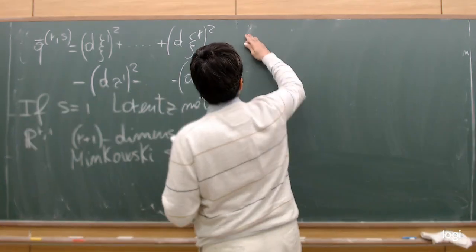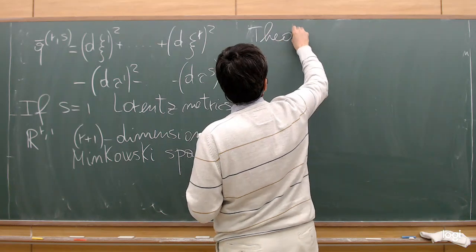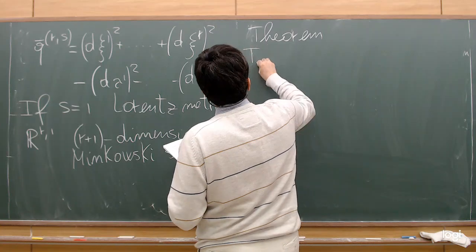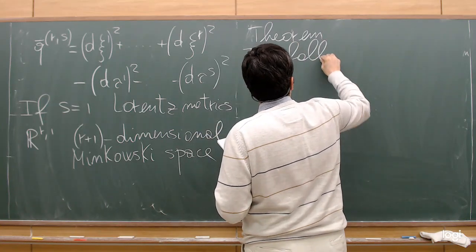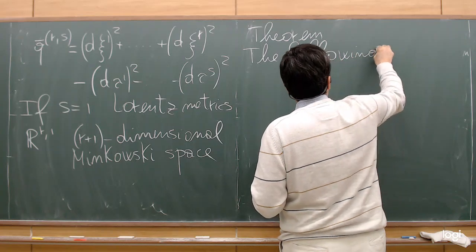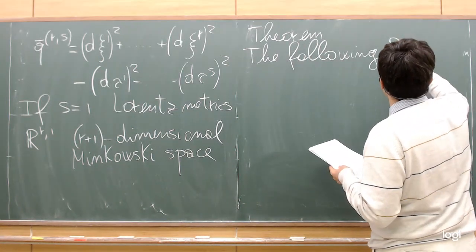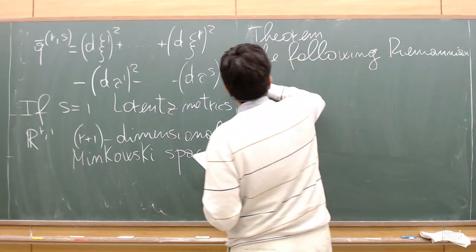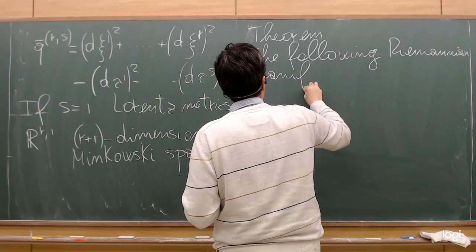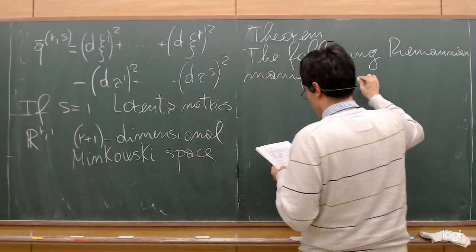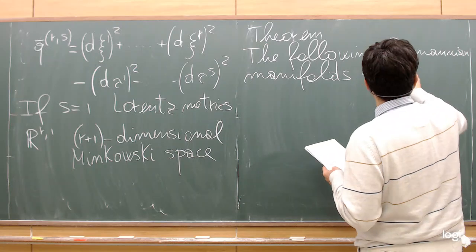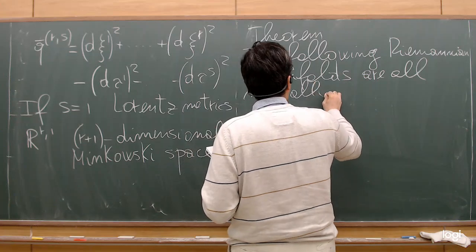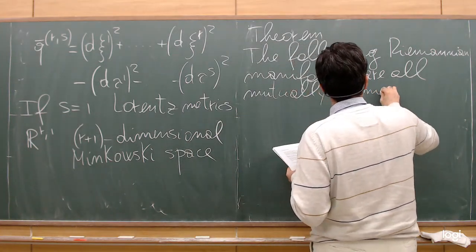So theorem, the following Riemannian manifolds are all mutually isometric.